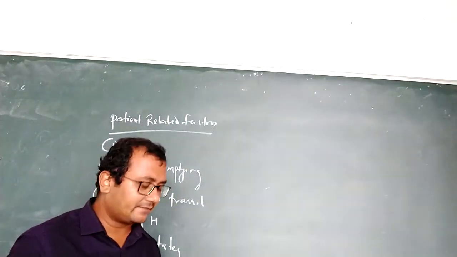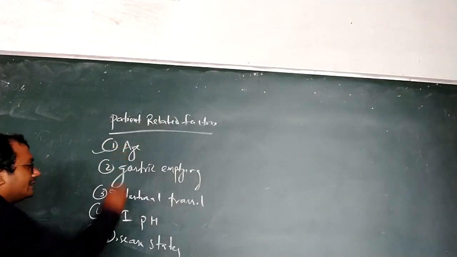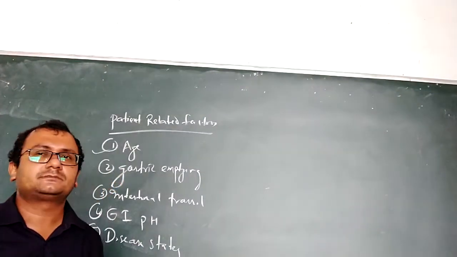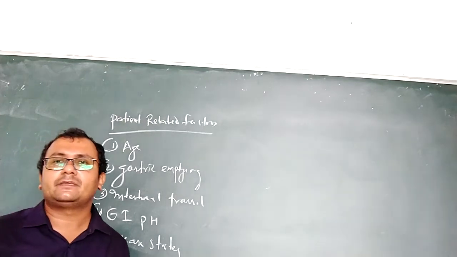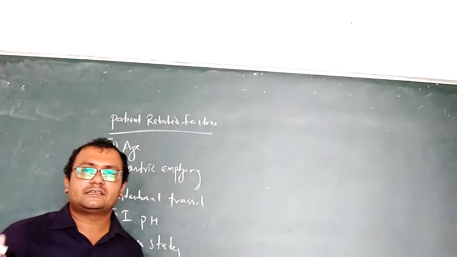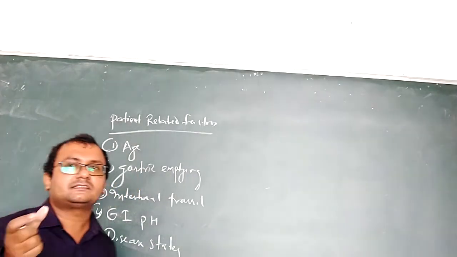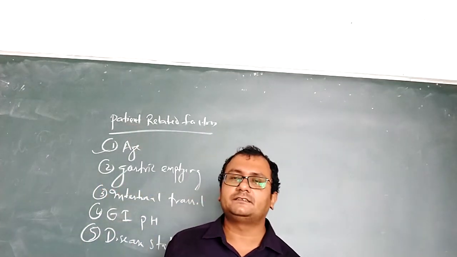The first patient related factor is the age of the patient. The patient may be of different age groups: children, normal adults, or old age persons. In different age groups their GI tract physiology will be different.